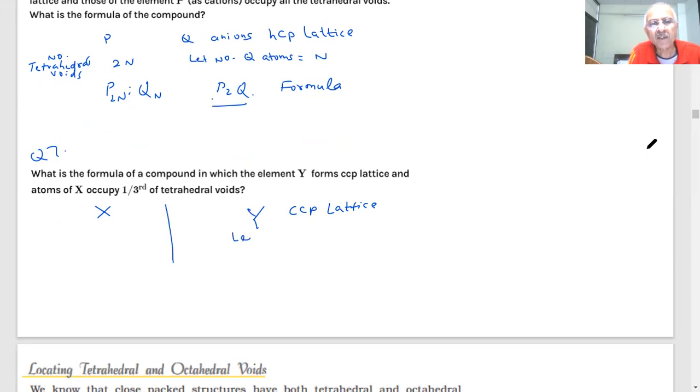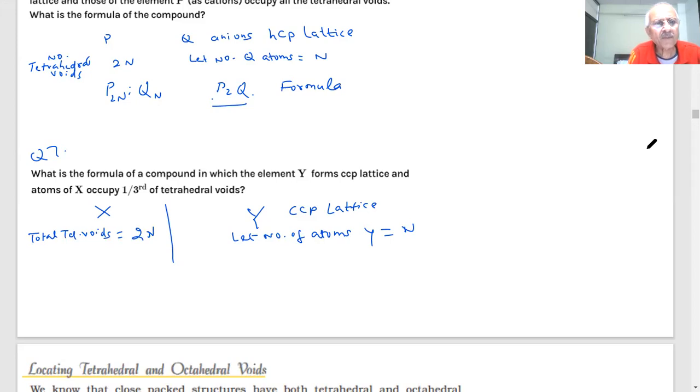Let the number of atoms of Y be n. How many tetrahedral voids will there be? Total tetrahedral voids, if there are n particles, is 2n.